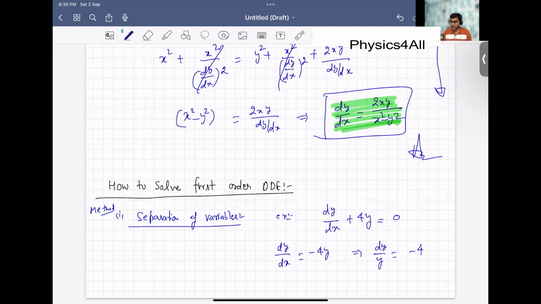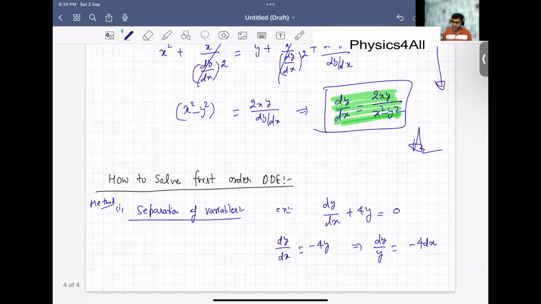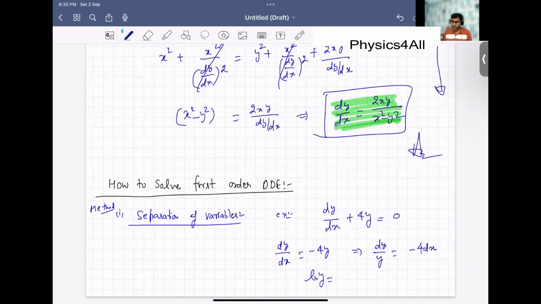I have to separate out the dependencies of x and y, left and right, and then integrate it. So it is ln y, log natural, equals minus 4x plus a constant of integration, which I will put as ln c1, and then you take the left hand side, and you will eventually get y is equal to c1 times e to the power minus 4x, right?